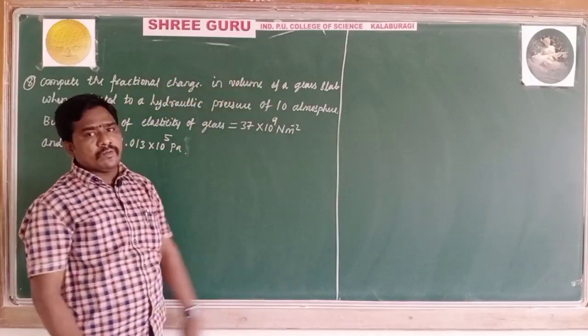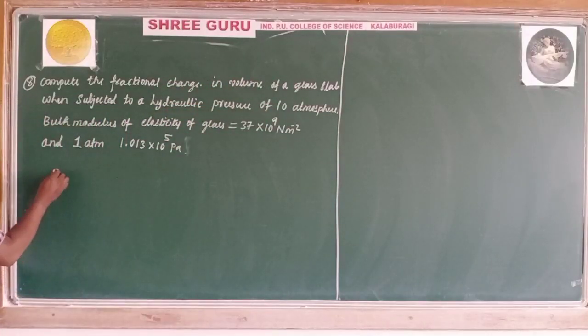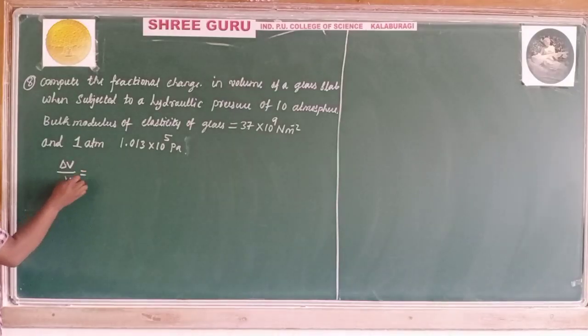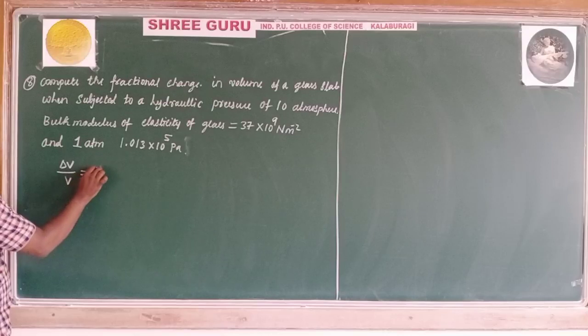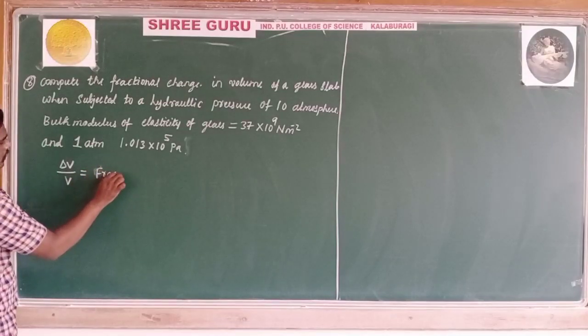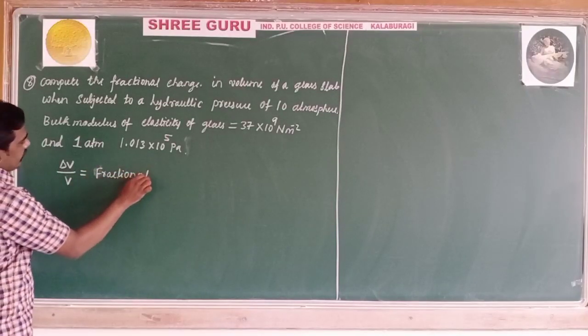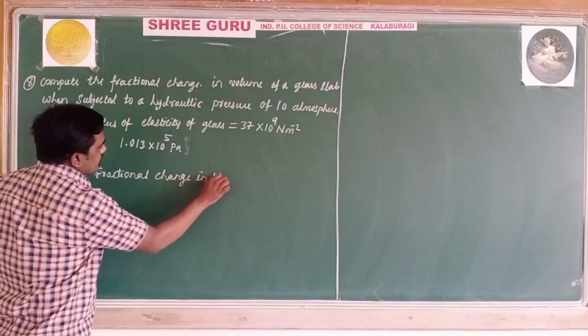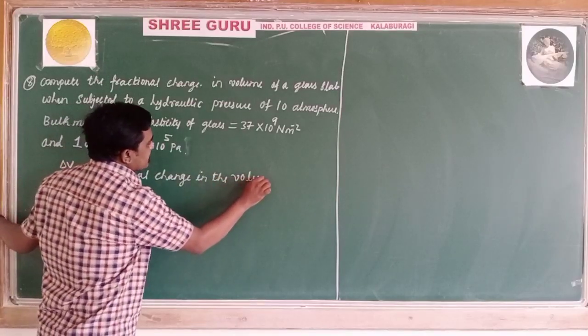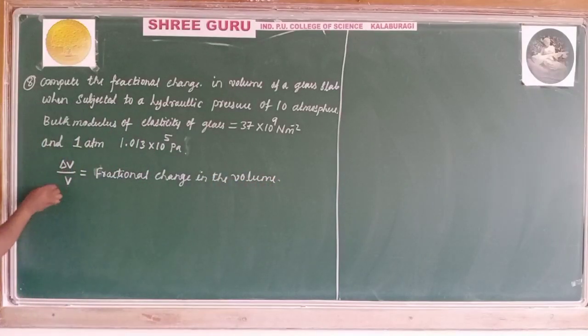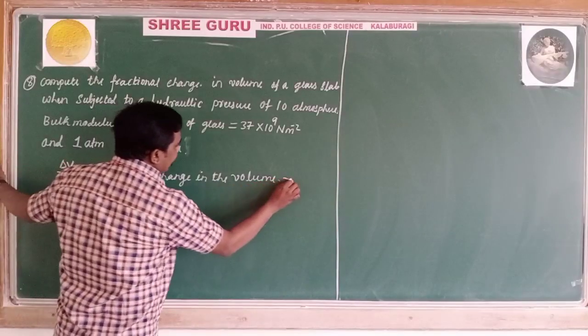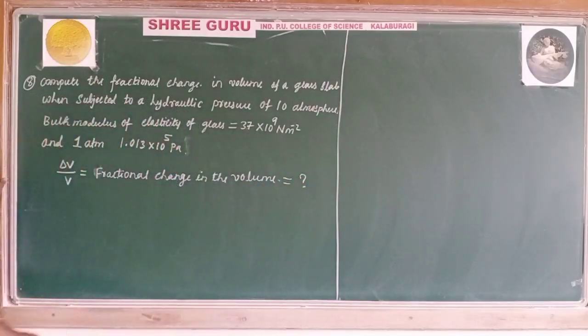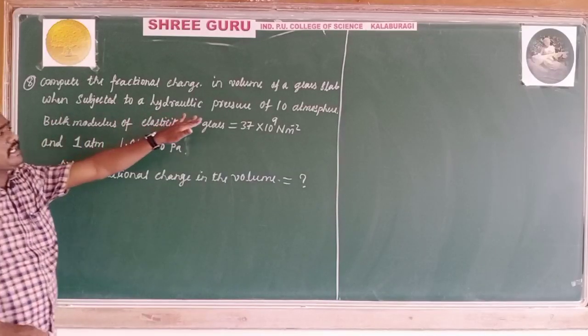Fractional change in volume is nothing but delta V by V. We should find this change in volume with respect to the original volume of a glass slab subjected to hydraulic pressure.